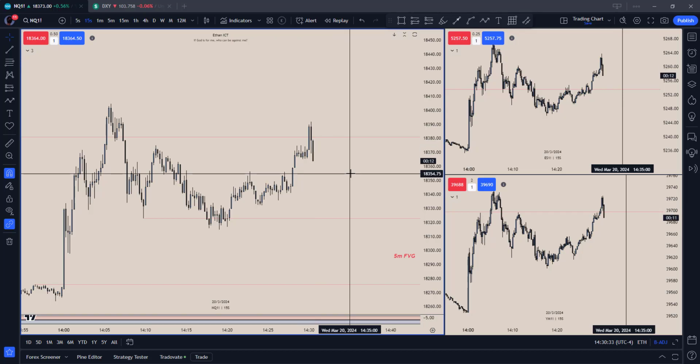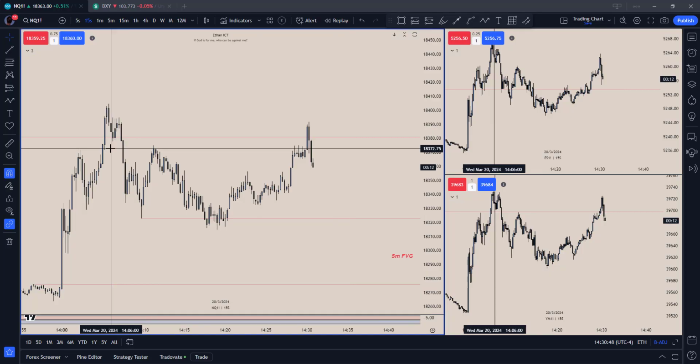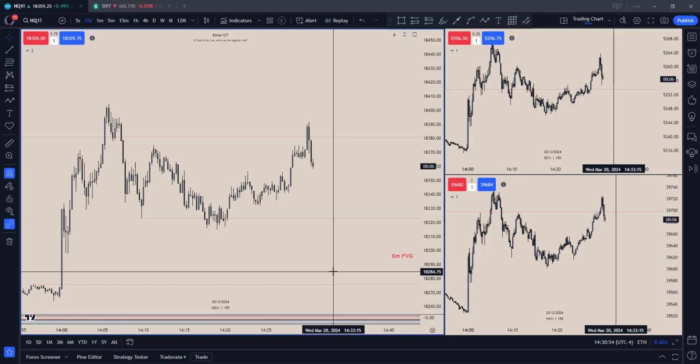Where's the volatility? NQ is such a scam. Trading's a scam.